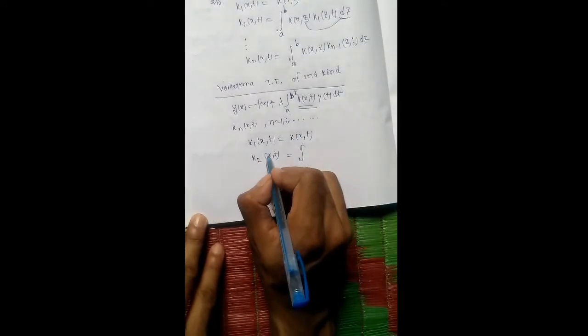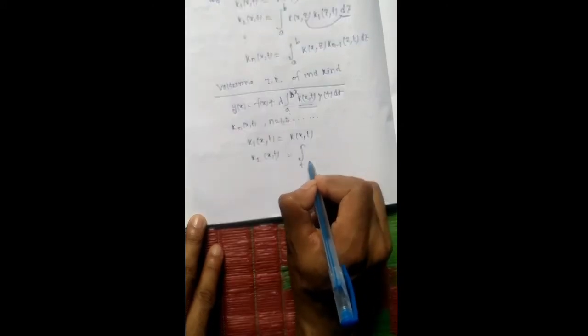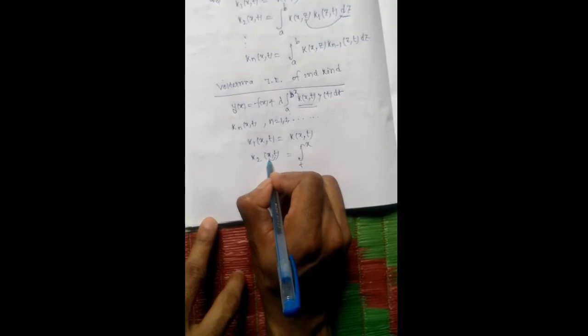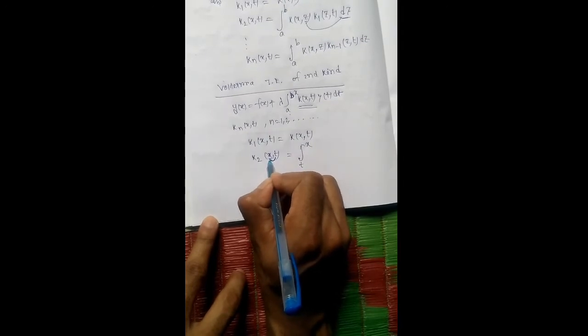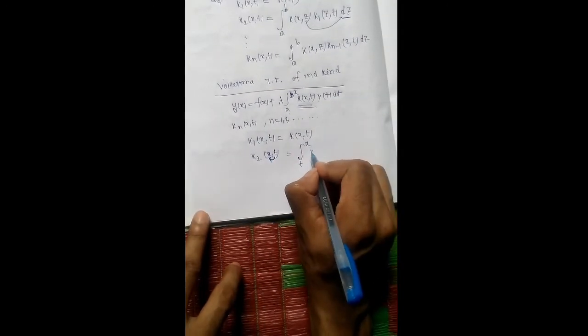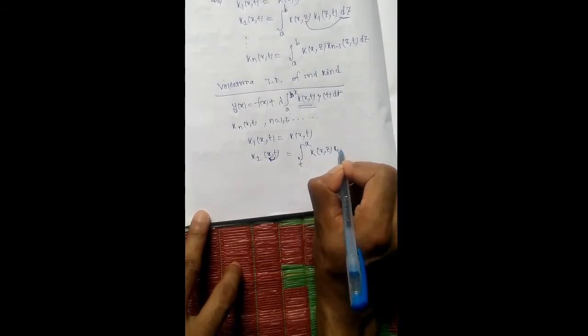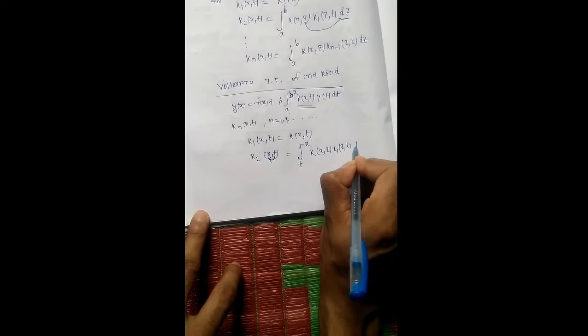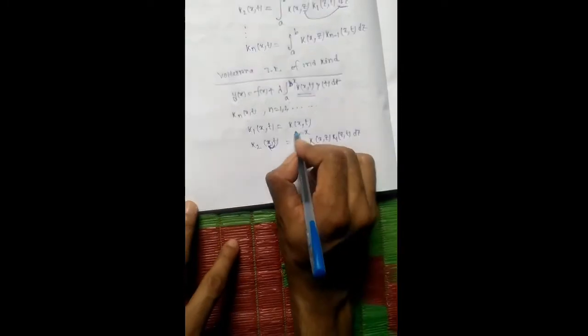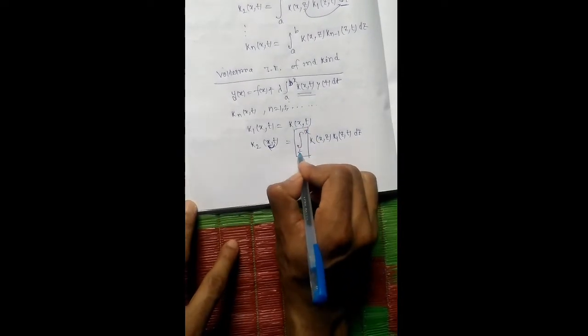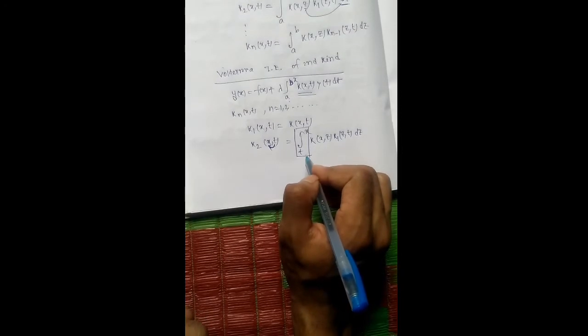Okay, integration over t to x, this is very important, t to x, from this to this. Okay, and K(x,z) K_1(z,t) dz, this is our main thing, integration over t to x.